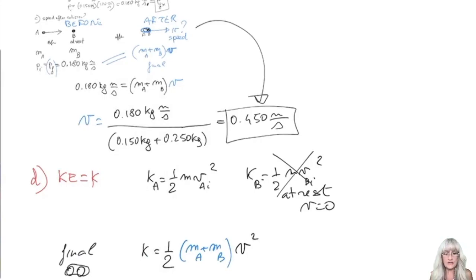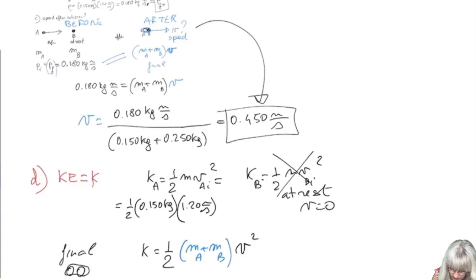So now I just have to plug in all the data to compute everything. For this one, the mass of object A, how fast A was moving. Final answer.